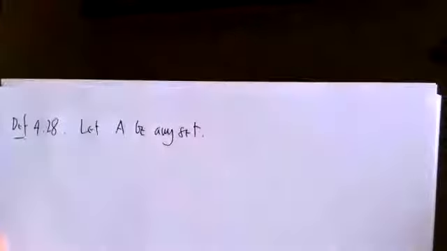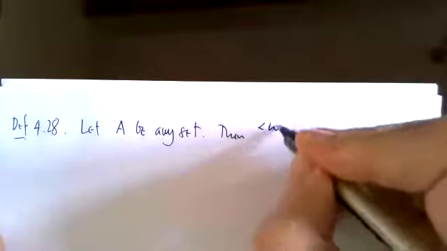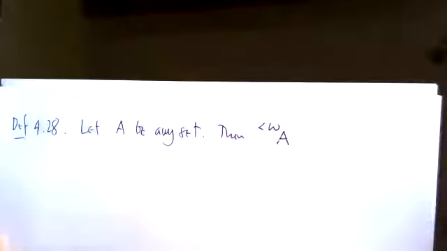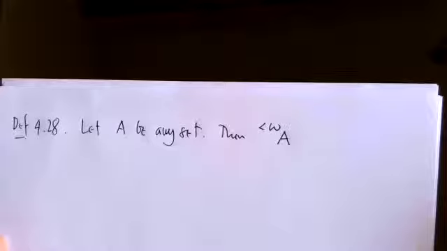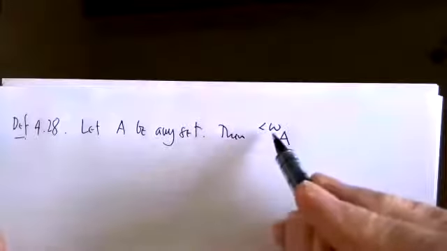So definition 428. Let A be any set. Then we define, it may look a slightly strange notation until you get used to it, this is less than omega into n.